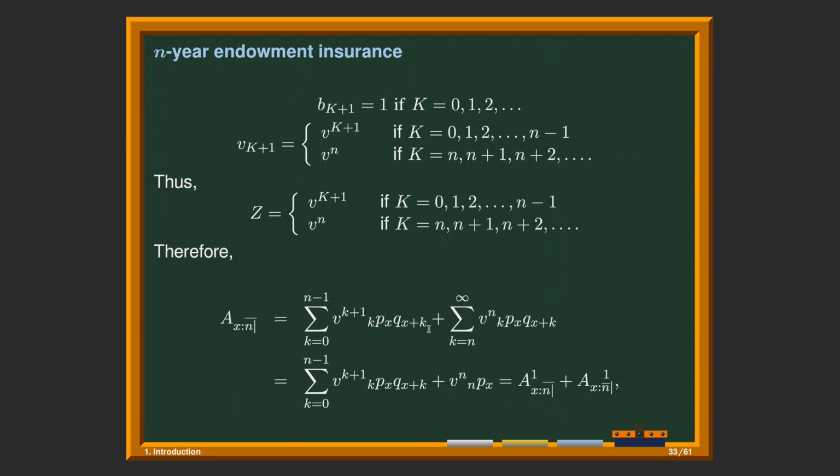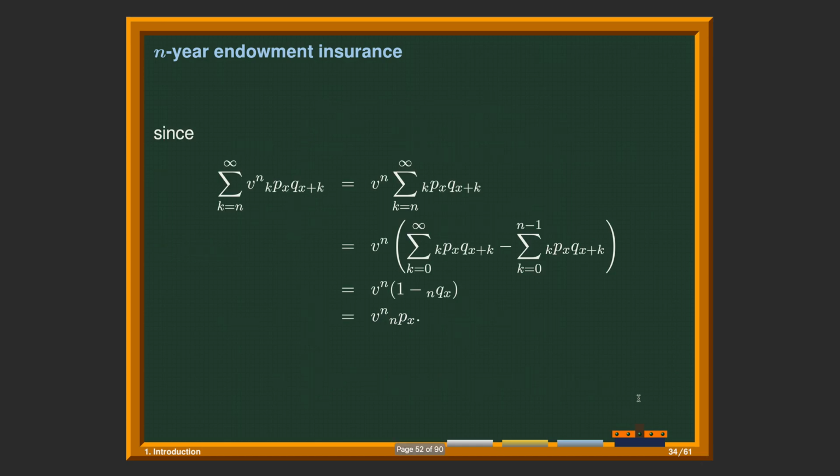We can see that this summation reduces to this using the following argument. If you look at this, this is the summation of the probability mass function of k, where k goes from n to infinity, right? So, of course, we can rewrite that this way. The first summation is from 0 to infinity.